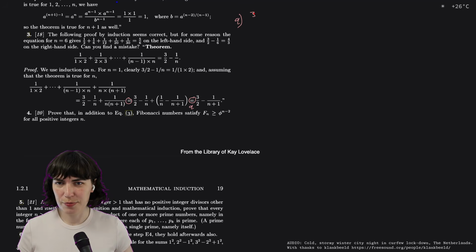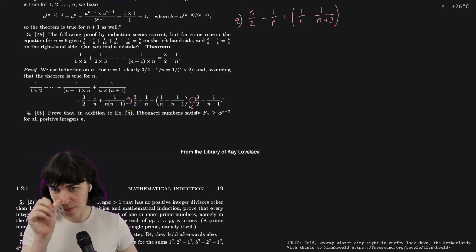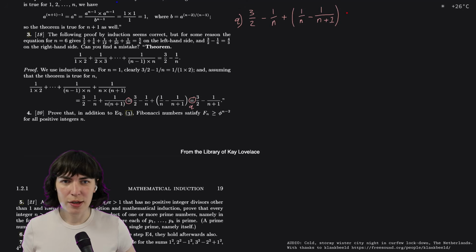Okay, so he's got 3 over 2 minus 1 over n plus 1 over n minus 1 over n plus 1 equals 3 over 2, that's fine, minus 1 over n plus 1.